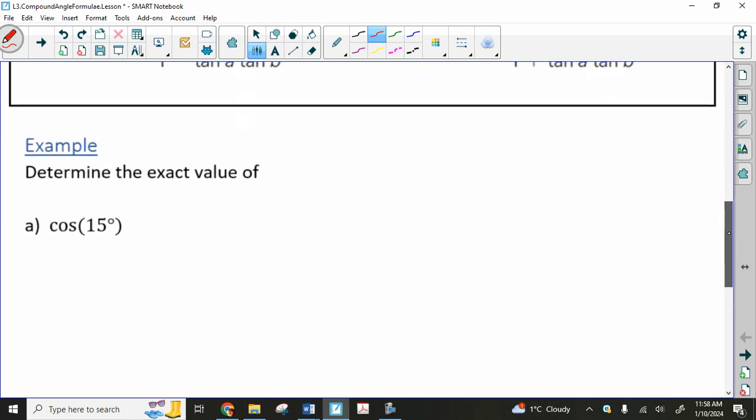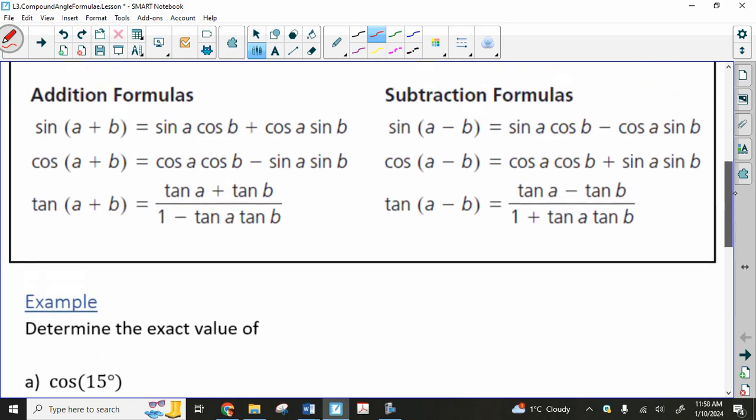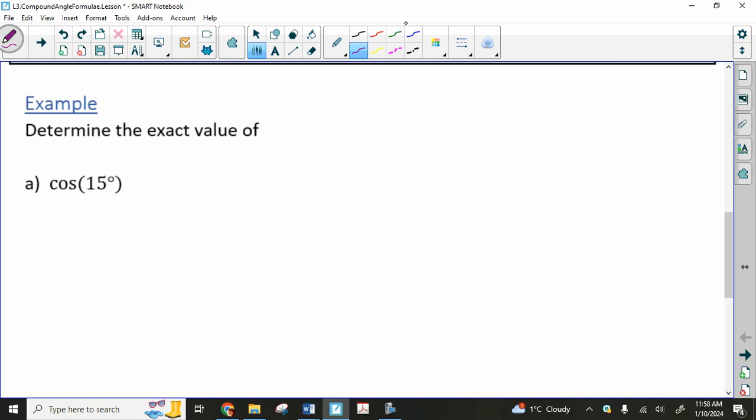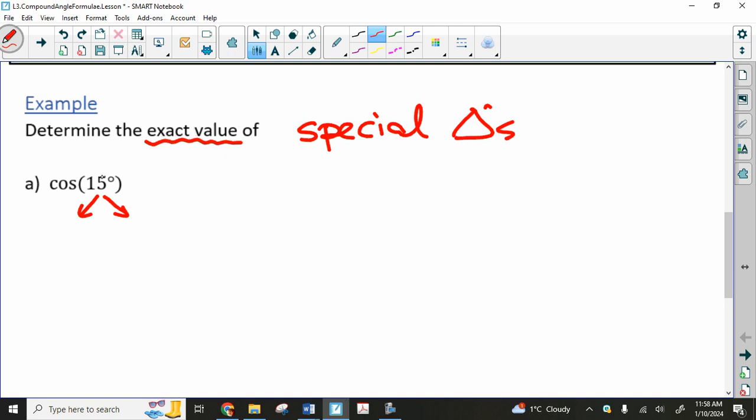So we're dealing with a cos. We're either going to be doing cos A plus B or cos A minus B. When we're trying to find values that say exact, that tells you we need to use special triangles. And what we need to do is break up this 15 into two of our special triangle values.